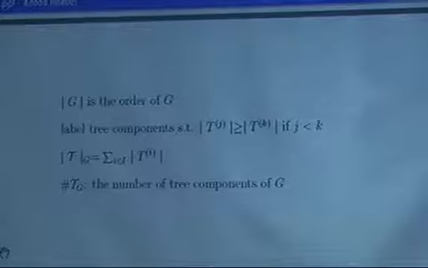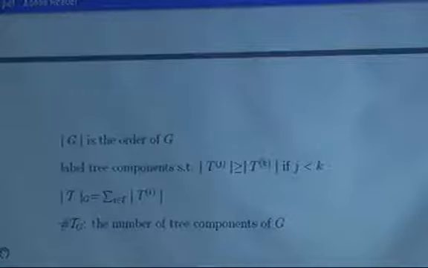And tau G denotes the summation of orders of those tree components, and sharp tau G means the number of tree components of G. What is a tree component? If you have some tree components in G, yeah, don't care about any others.